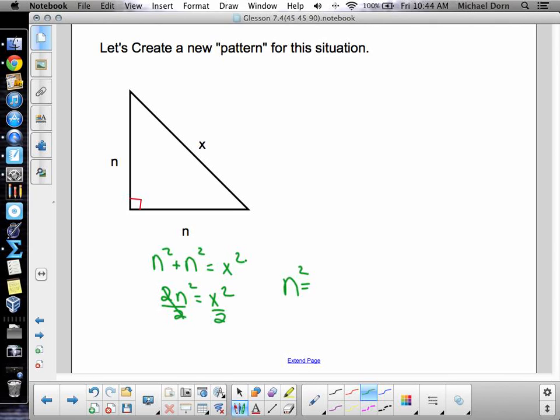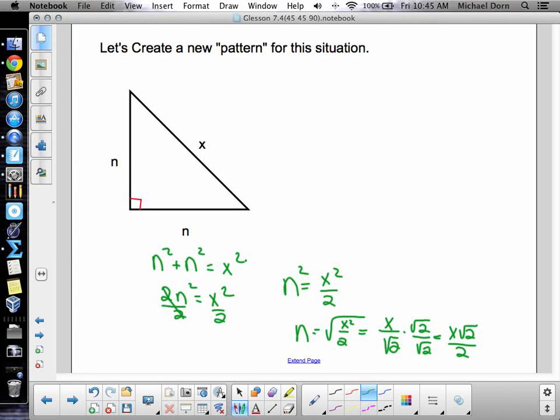So n squared equals x squared over 2. Square root of both sides, n is the square root of x squared over 2, which is x over the square root of 2, which I rationalize. So that's x root 2 over 2. I'm sorry. Yeah. That's correct.